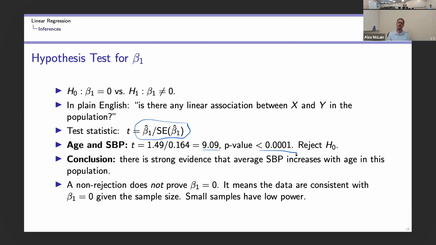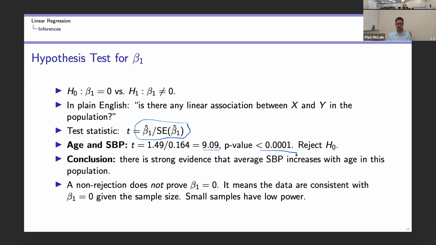So here there's strong evidence that average systolic blood pressure is associated with age, and here that average systolic blood pressure increases with age. If we did not reject the null, that doesn't prove that beta 1 is actually equal to 0.